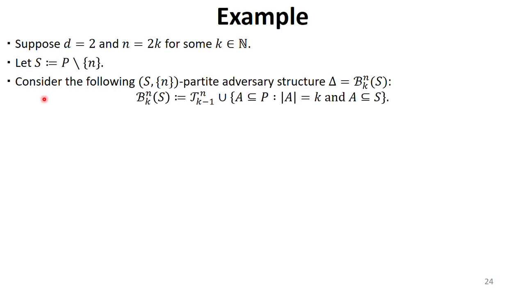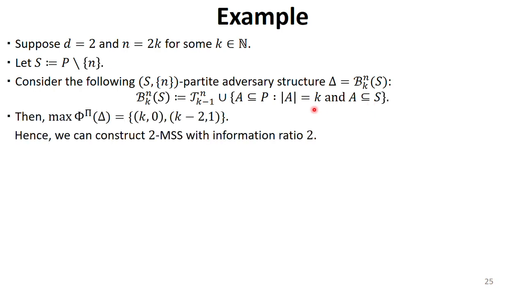And we consider the following bipartite adversary structure, which contains all the subsets of size at most k-1 and all the subsets in S of size k. So then the maximal vectors are these two vectors. So therefore we can construct two multiplicative secret sharing schemes whose information ratio is equal to 2.